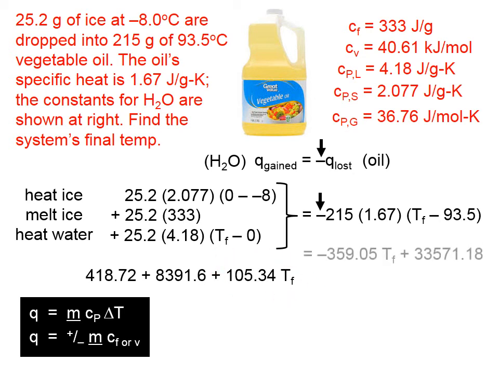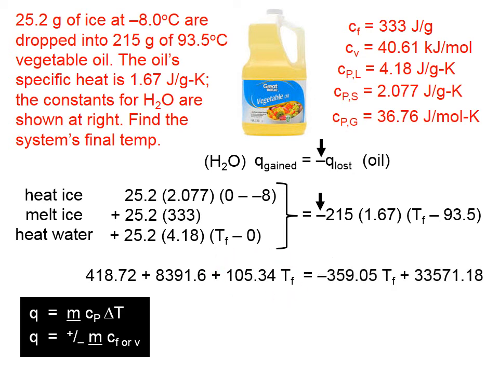105.34 T sub f. On the right, we've used the distributive property: negative 215 times 1.67 times T sub f gives us negative 359.05 T sub f. Then we've gone negative 215 times 1.67 times negative 93.5. Of course, that's going to give us a positive number, 33,000 and change.